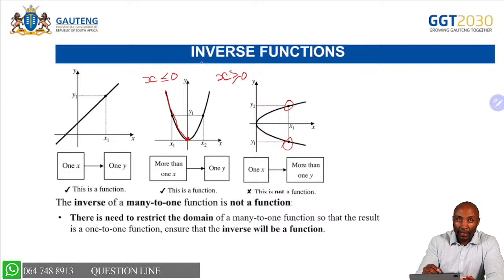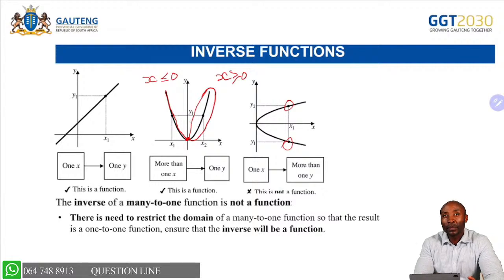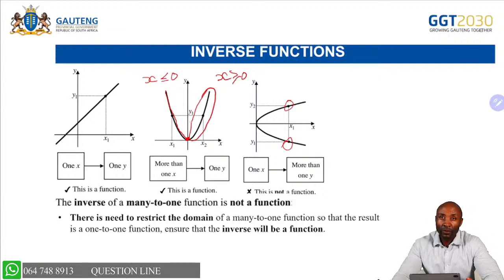That is when we are restricting our domain, meaning we will only take this part of the graph, and it also becomes a one-to-one function, and the inverse of a one-to-one function is also a function.